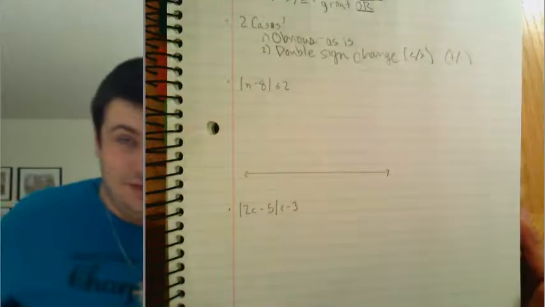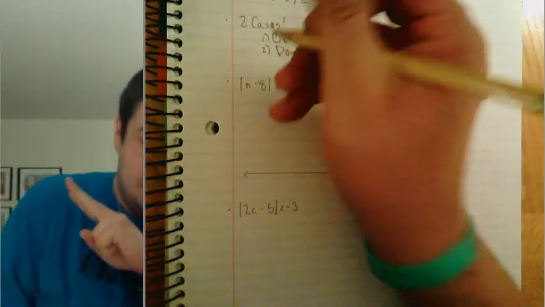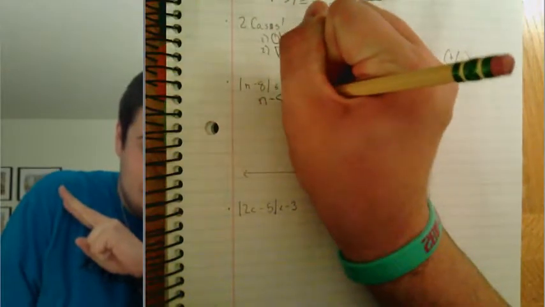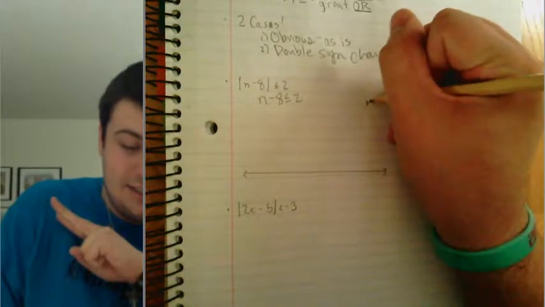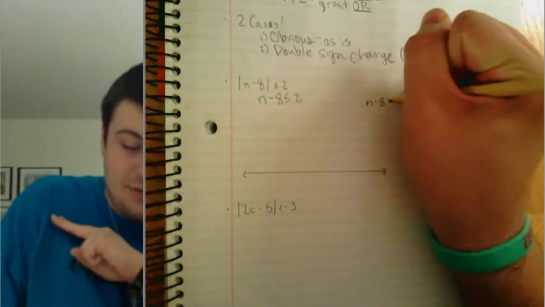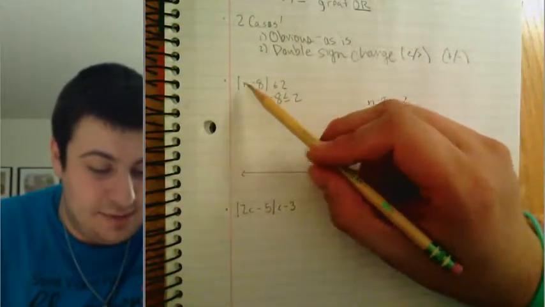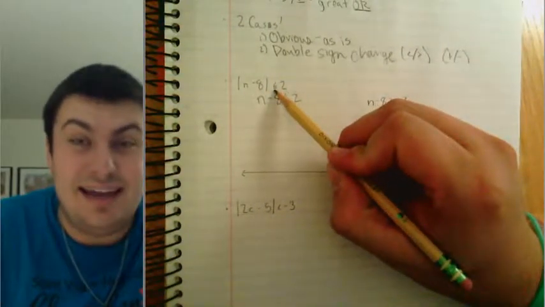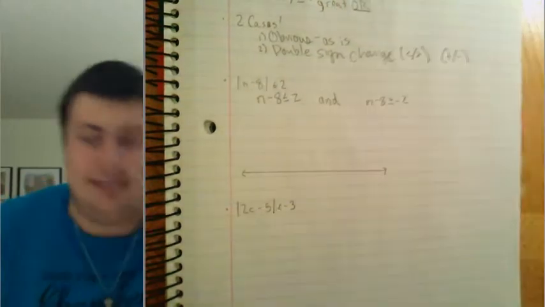So let's look at an example. If we have the absolute value of n minus 8 is less than or equal to 2, when we set up our two cases, we have the obvious, n minus 8 is less than or equal to 2. We have the double sign change, n minus 8 is greater than or equal to negative 2. And this is an and statement.